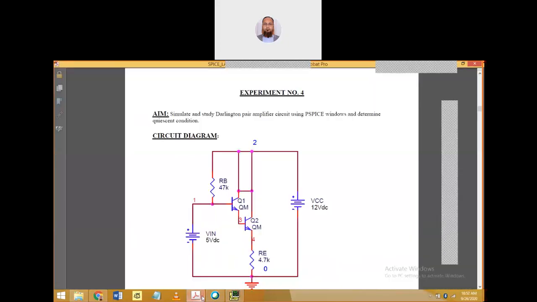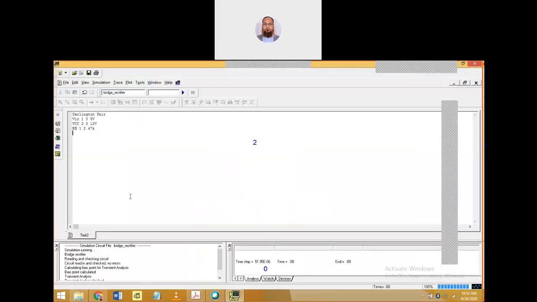Next, the resistance is RE, 4.7K, connected between 4 and 0. So the resistance RE between 4 and 0 has the value 4.7K. This is all about the voltages and the resistances.